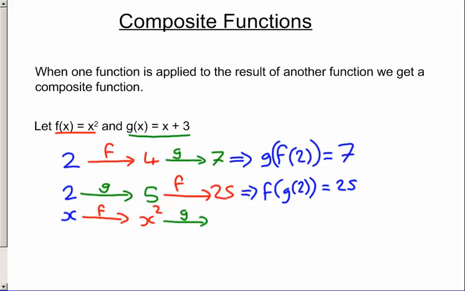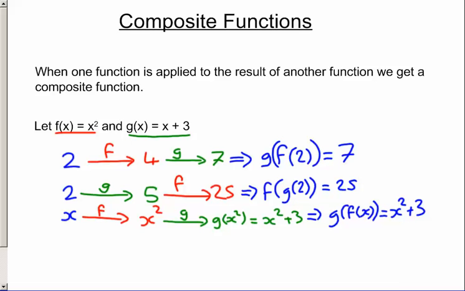Well, g of x squared is what we get when we replace x with x squared, so it's x squared plus 3. So that means that g of f of x is equal to x squared plus 3.